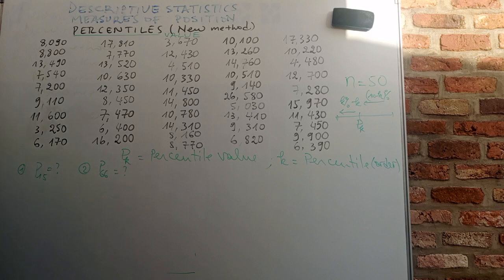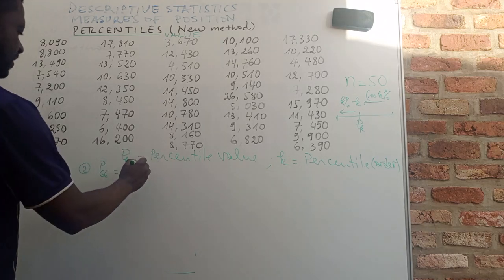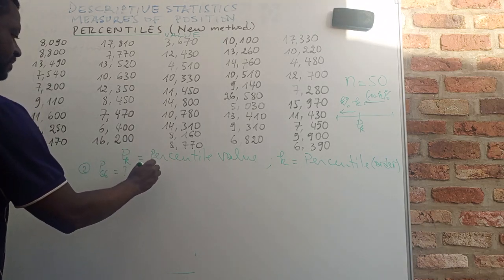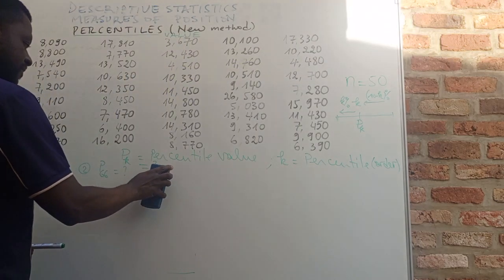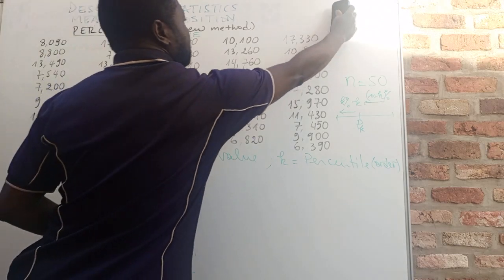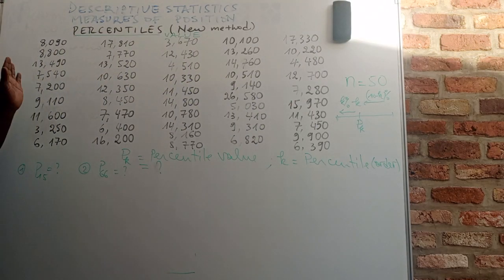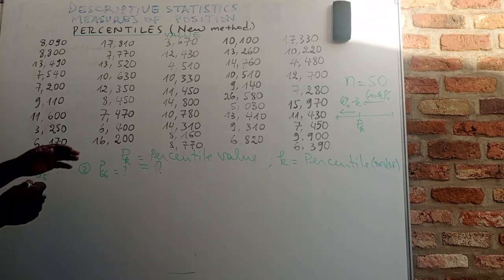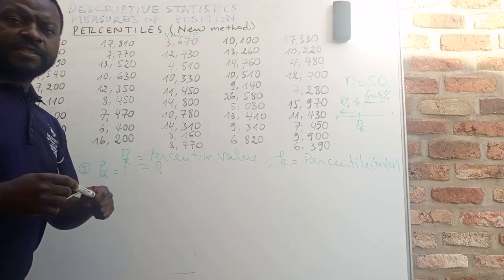Every time you calculate a percentile value, what do you do first? At the beginning, we have to rank these values according to their values, from the lowest to the largest.